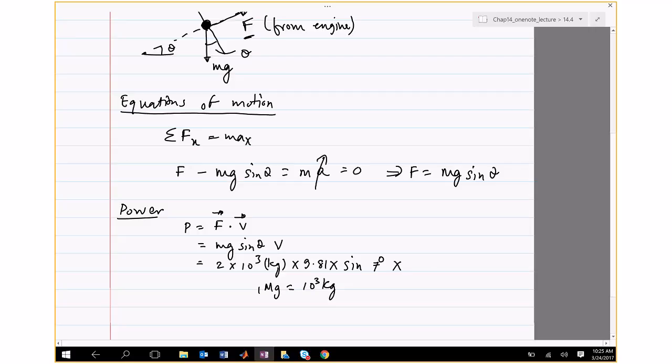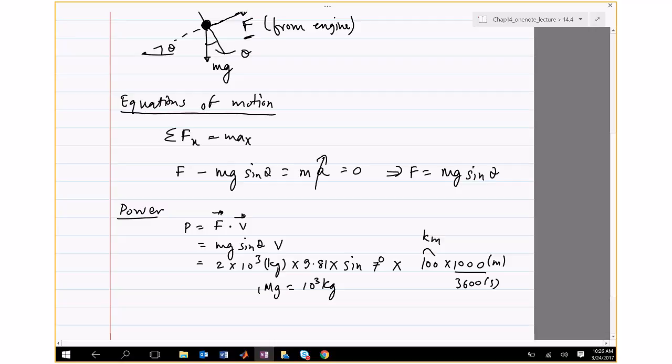I need to convert that into meters per second. So 100 kilometers is 1000 meters, and an hour is 3600 seconds. So I convert that into meters per second.